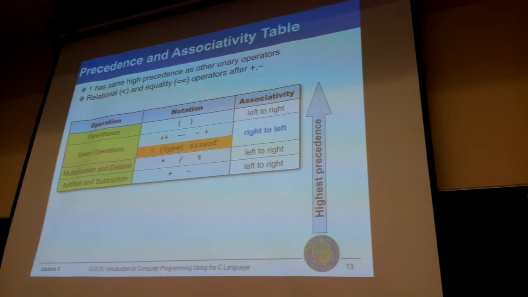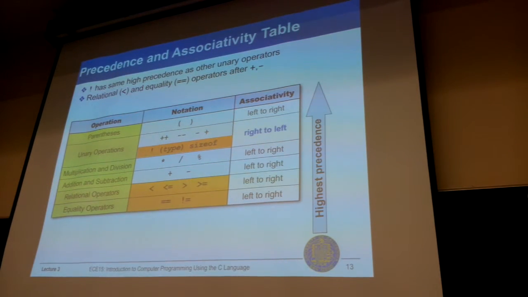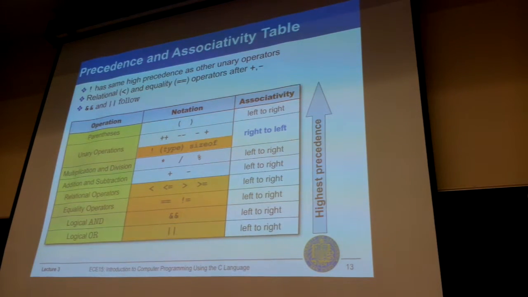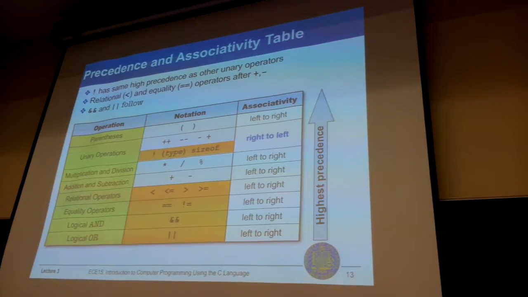Our relational and equality operators will happen after addition and subtraction. And then the ands and ors follow after that, so they're the lowest precedence. So this is pretty clear on how you would take a complex expression and go through this table and figure out your composition.